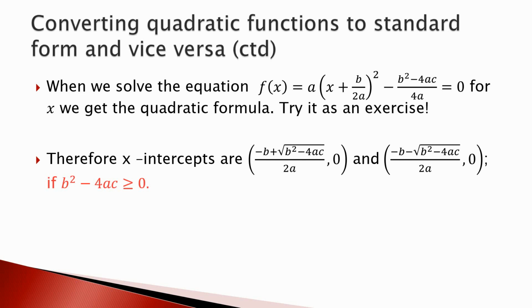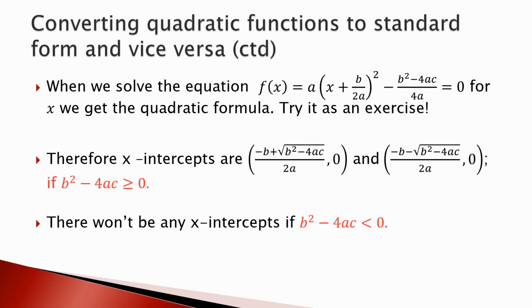So x-intercepts will exist if and only if b squared minus 4ac is non-negative, as we discussed earlier. There won't be any x-intercepts if b squared minus 4ac is negative, because this equation will have complex roots, not real roots. So it will not touch the x-axis.